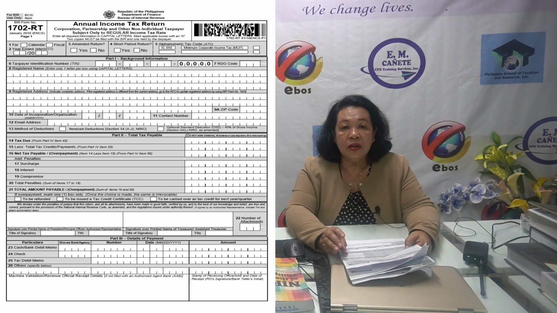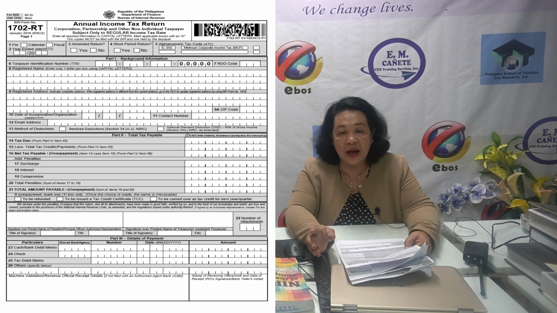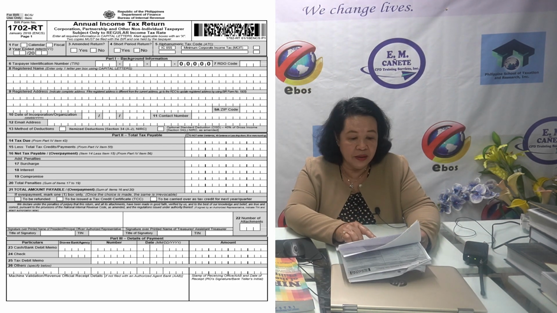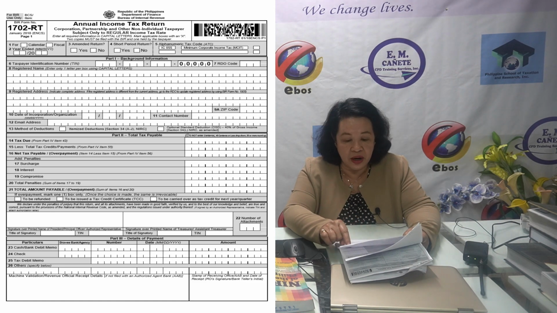Or we already have the tax due if we know the total sales and we claim only the optional deduction of 40%, and then we have the 60% taxable, multiply it by the tax rate of 30%, and then we already have the tax due. This is in line number 14 that we are going to fill out.